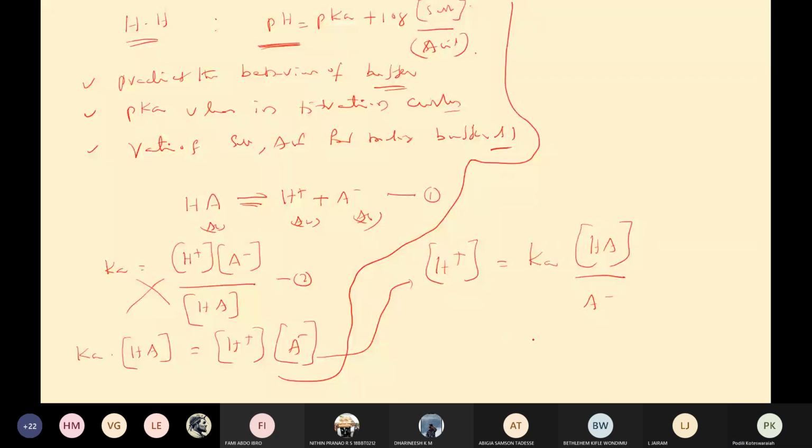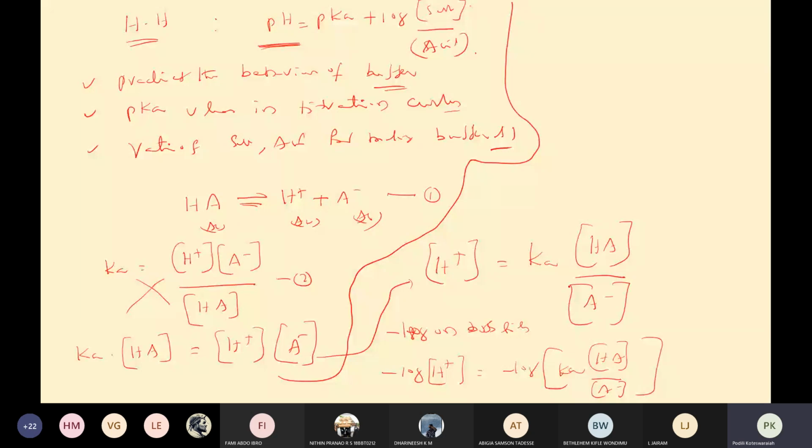So by applying negative log on both sides, we get minus log H plus is equal to minus log Ka, concentration of HA by A minus.